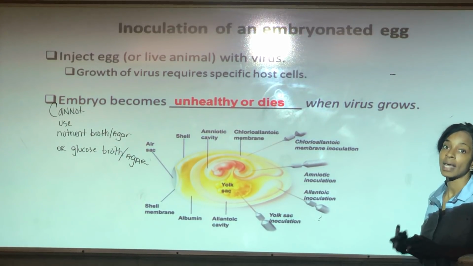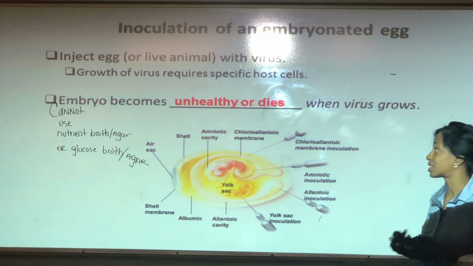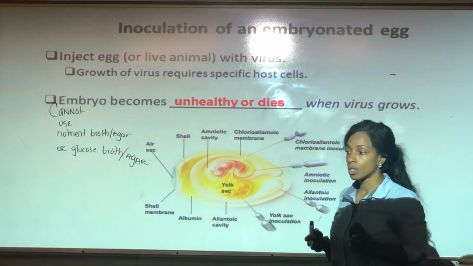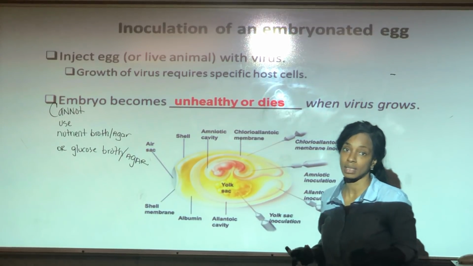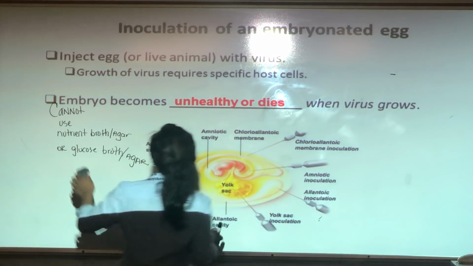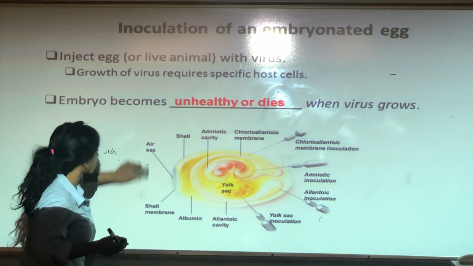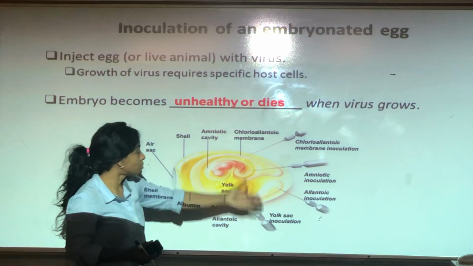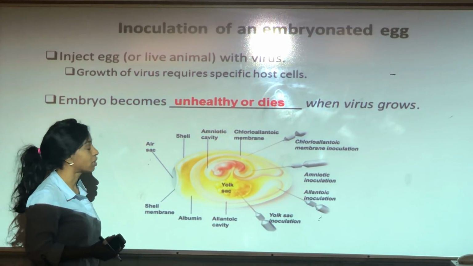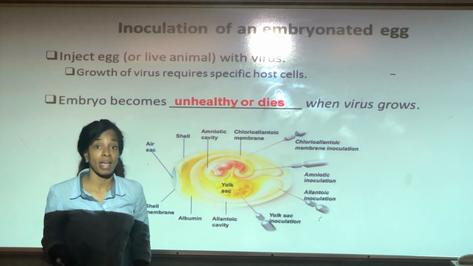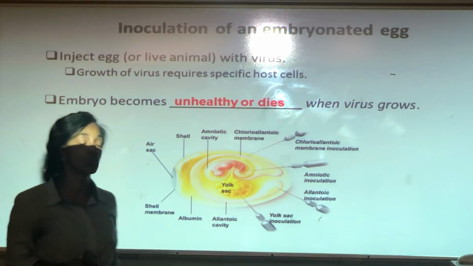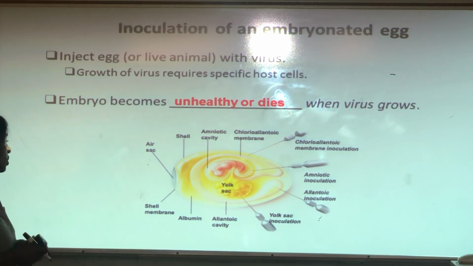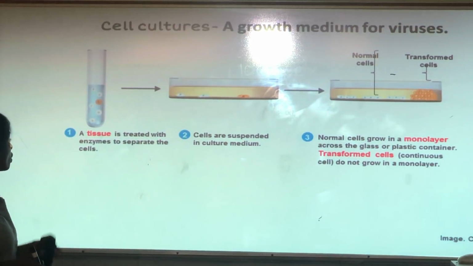They become unhealthy or sick, they might present different signs, or sometimes they die. That gives you the idea that you have the growth of a virus. They're showing you here how they inject different sites of the egg. If it's a hard egg, they may have drill sites in order to inject the virus.